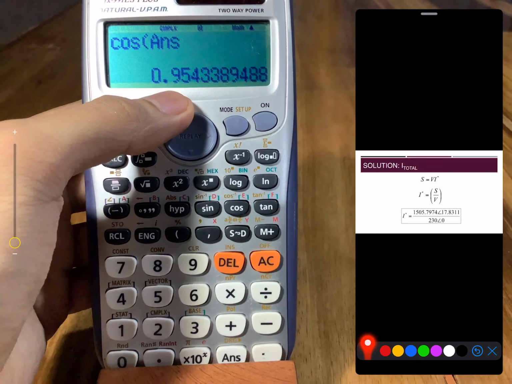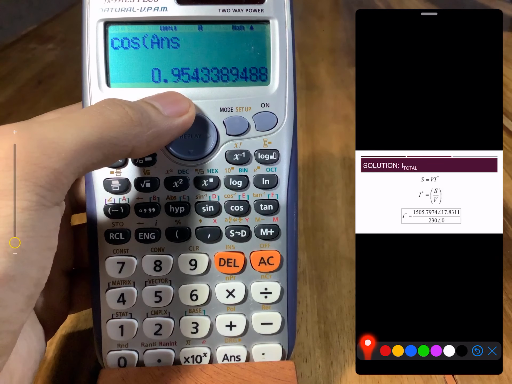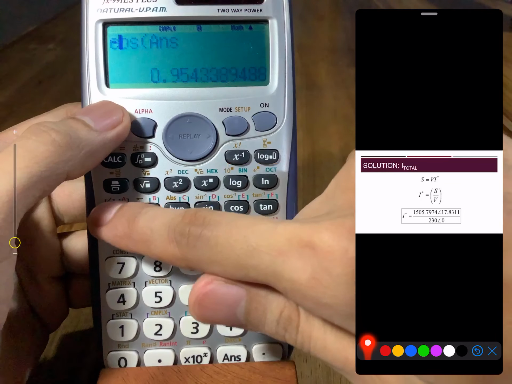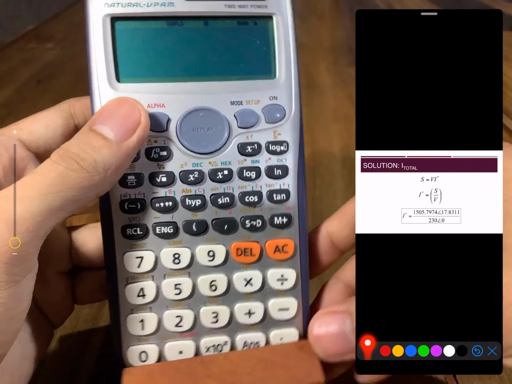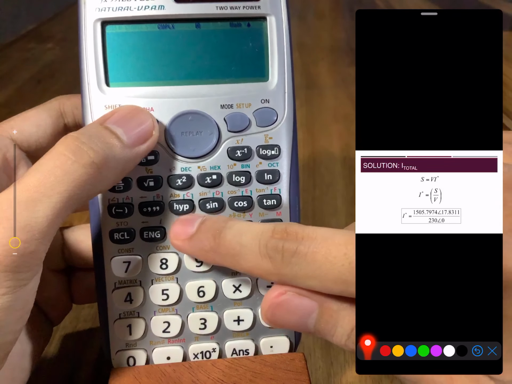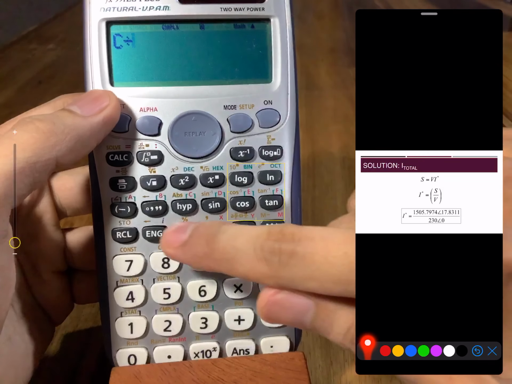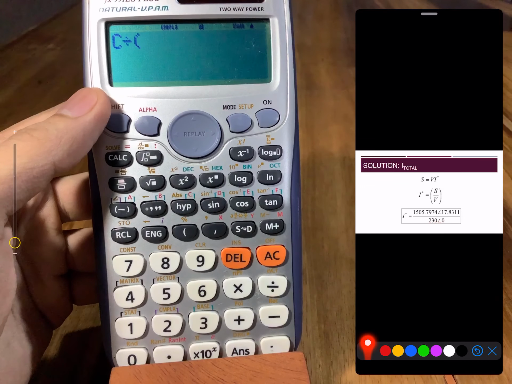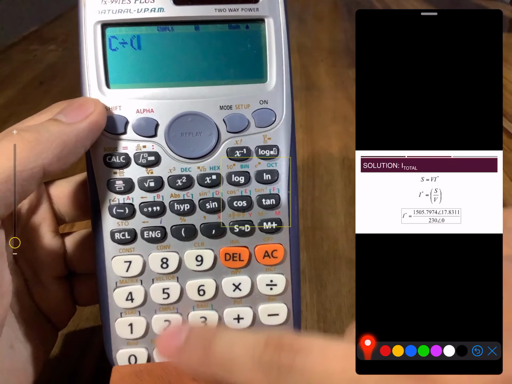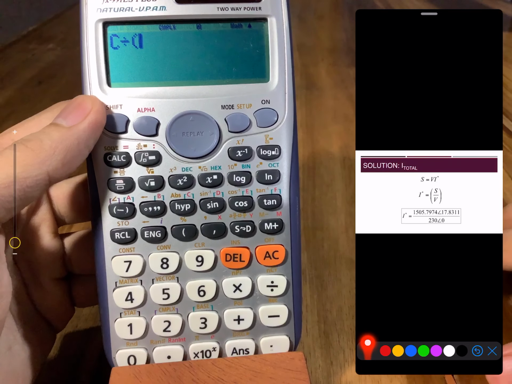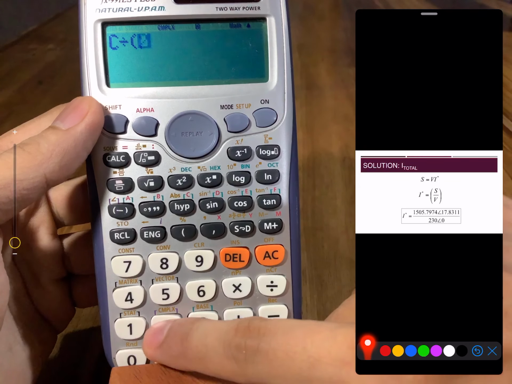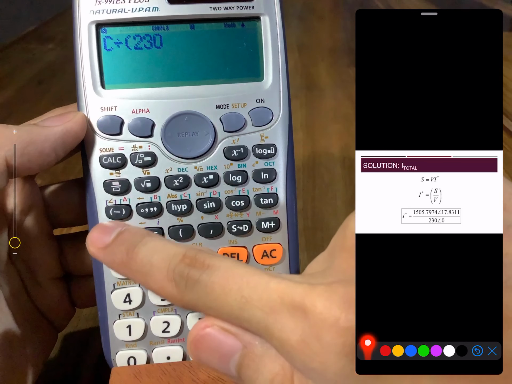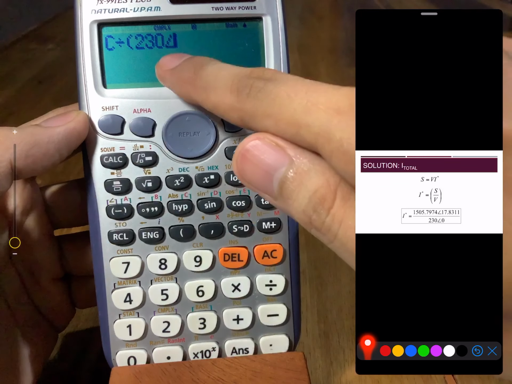So next is to find the current. So we have the computed power here, C, divided by the voltage in the system, which is 230 angle 0. So in terms of polar form, this is 230, and we press shift and this part for the angle.